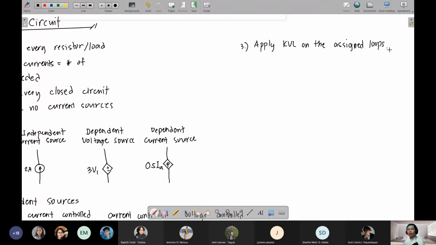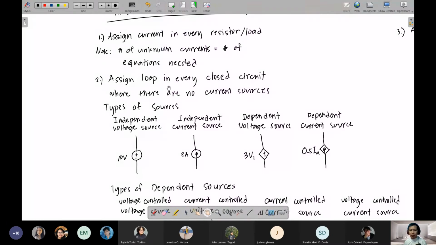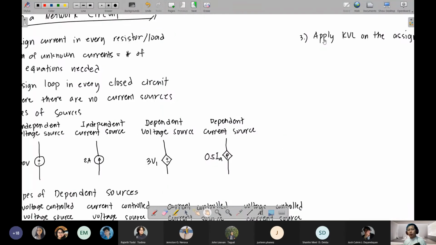Now, this is the reason why, for step number 2, you do not assign a loop on a branch with a current source. Why? It's because you're going to apply KVL. Take note, KVL, meaning Kirchhoff's voltage law, will only involve voltage.